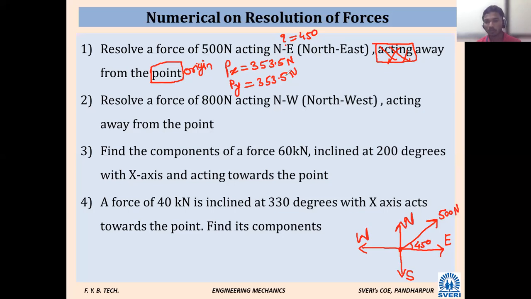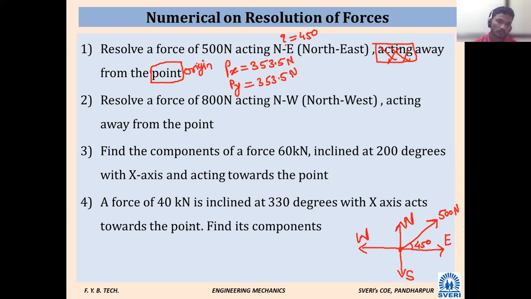What will be your formula for the x component? In this problem, what will be the formula for Px component?